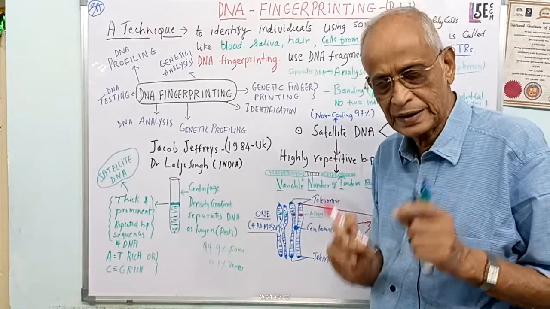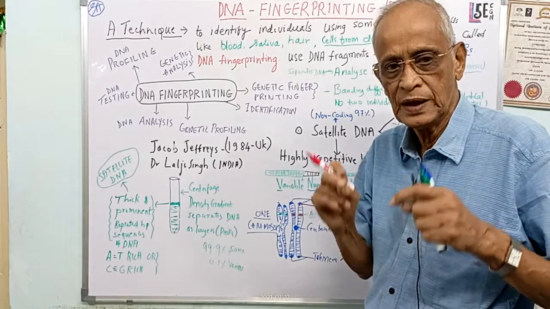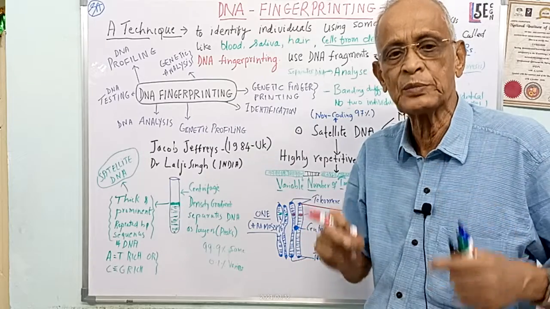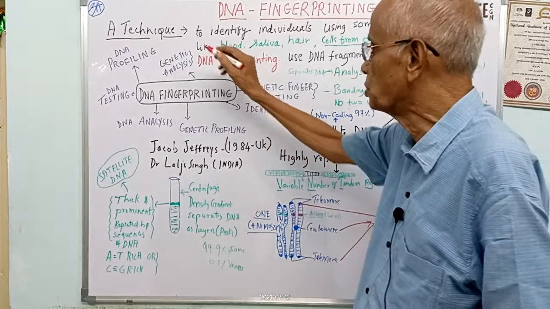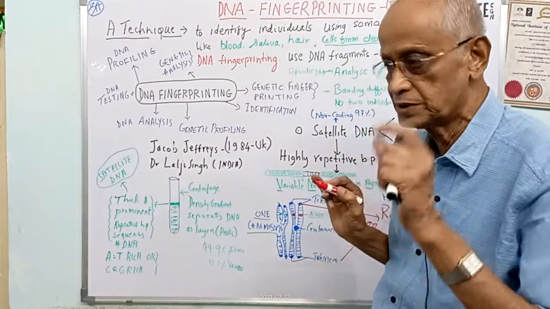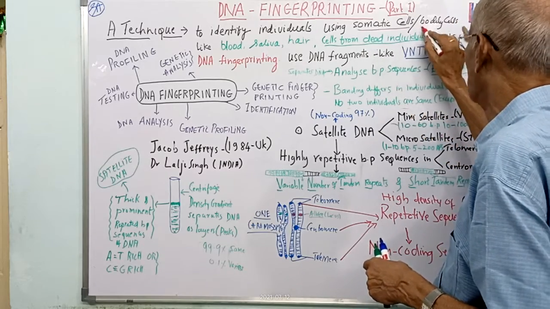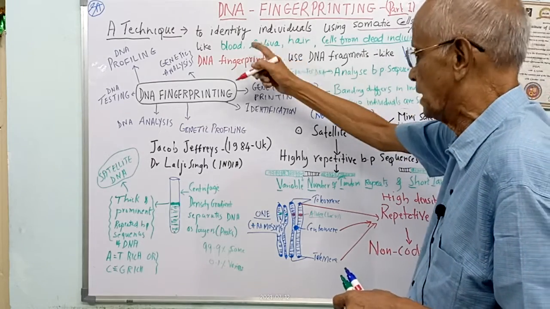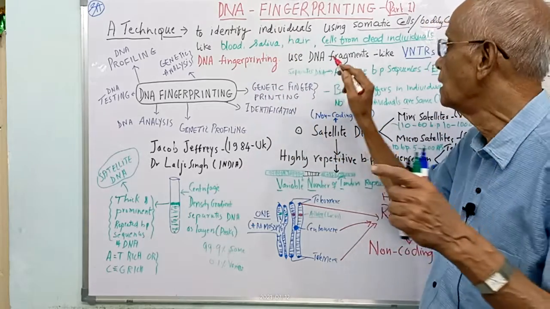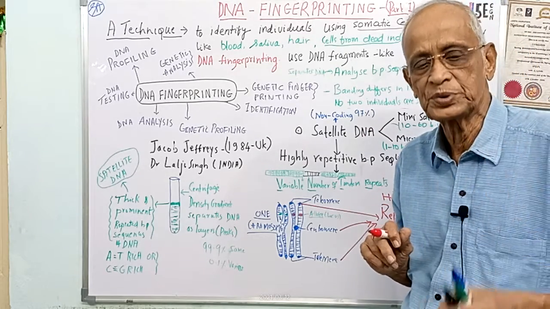DNA fingerprinting is a technique used by most laboratories, especially the medical laboratories, the forensic laboratories, the crime laboratories, where they would like to identify the individuals concerned using somatic cells or body cells like blood. As I told you earlier, it may be saliva, it may be hair, it may be even cells from dead bodies.